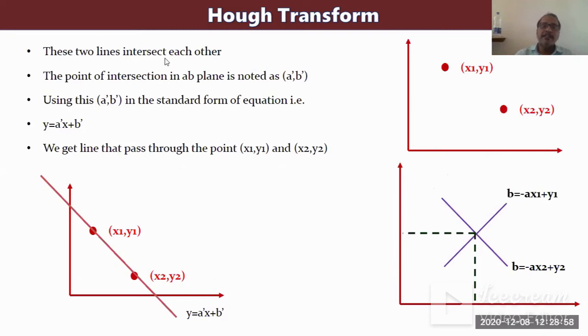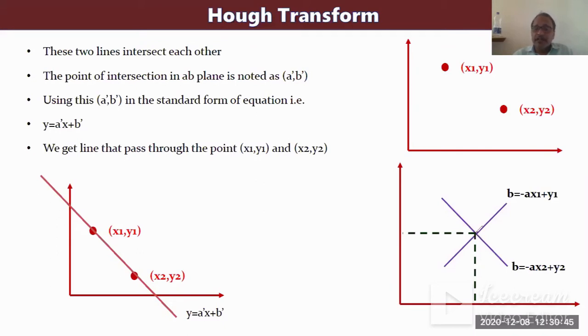Now these two lines intersect each other. When we consider these two points in the ab plane, we can draw the two lines. These lines pass through a single point, because a and b are constant values. So this ab point is here.